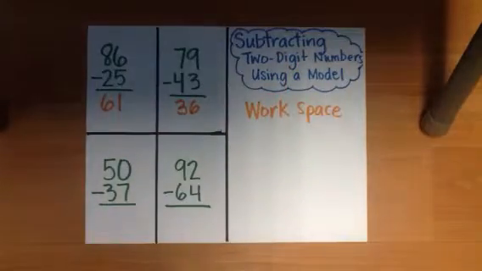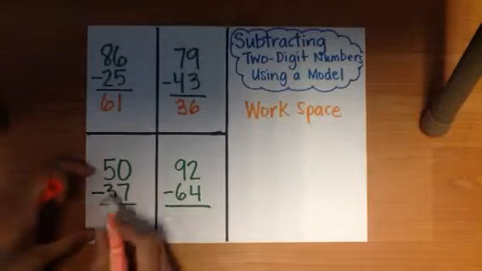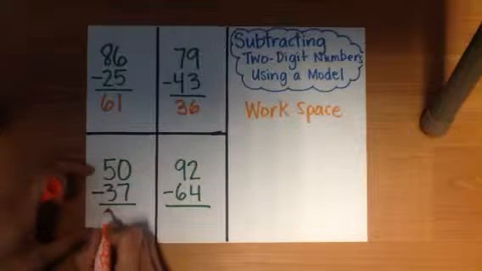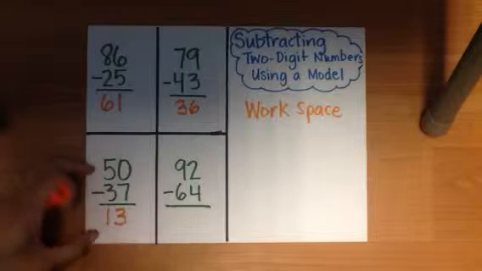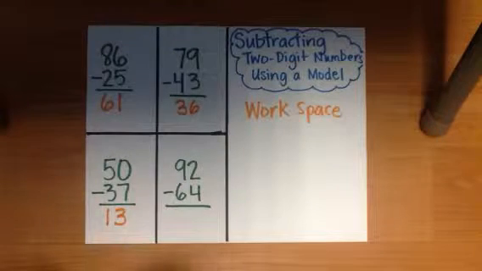All right, so let me write the answer. 50 minus 37 is what? 13. All right, we're on to the last question. 92 minus 64. So what do we do first? That's right.